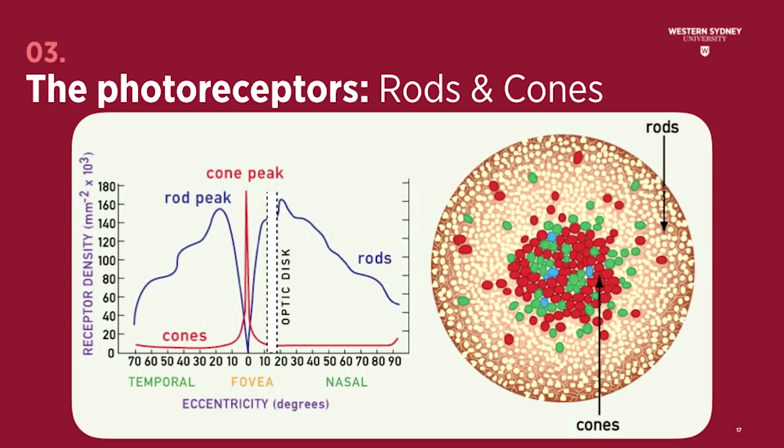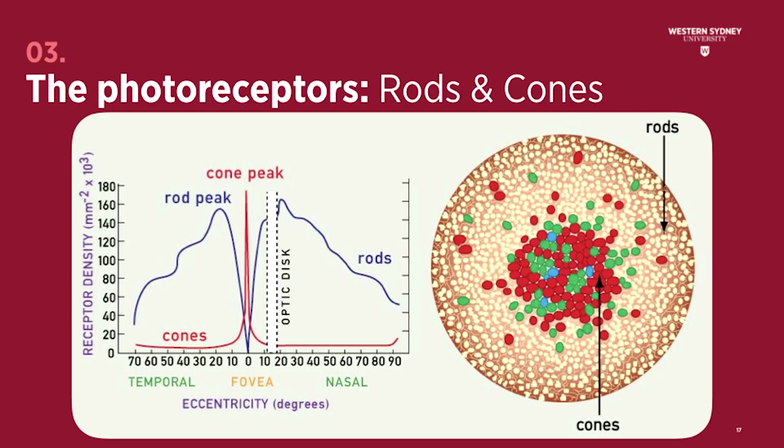This variation in the relative density of rods and cones can be seen graphically in the figure on the left. The x-axis, labelled eccentricity, represents a single lateral cross-section through the left eyeball. Eccentricity refers to the distance from the point of fixation, that is, the eye's fovea.